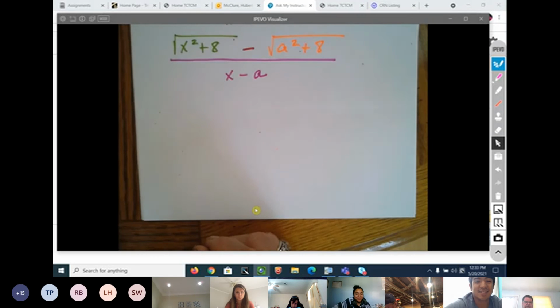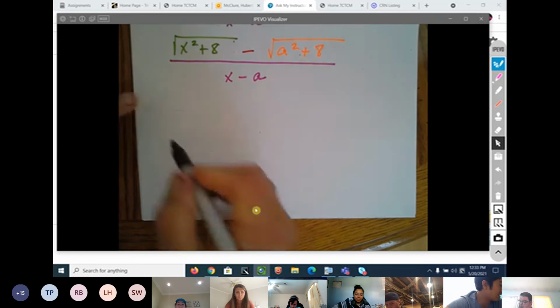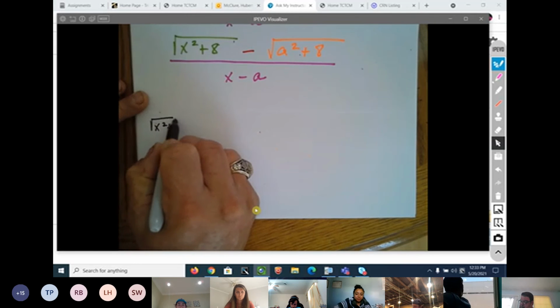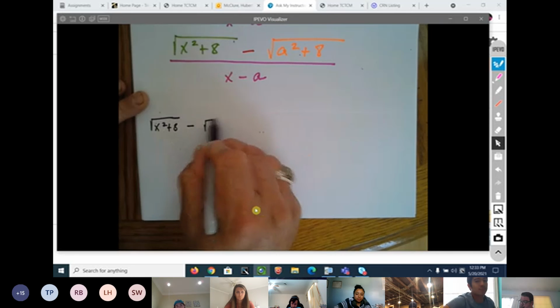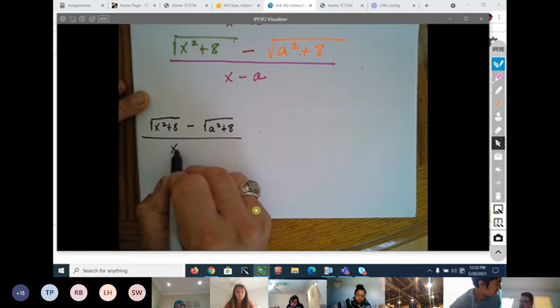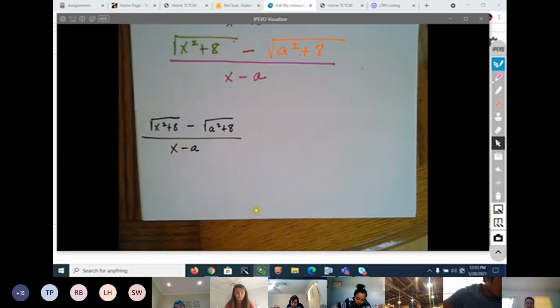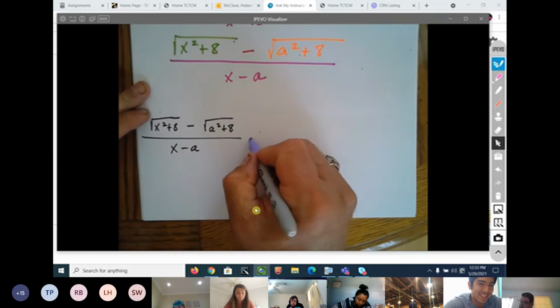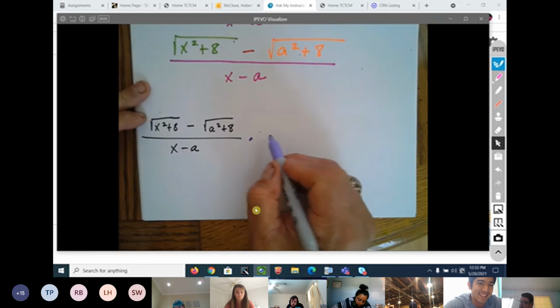So I'm going to change everything to black now. And I'm going to do the square root of x squared plus 8 minus the square root of a squared plus 8 over x minus a. And now I'm going to do the conjugate in lilac, as Squidward says, lilac.